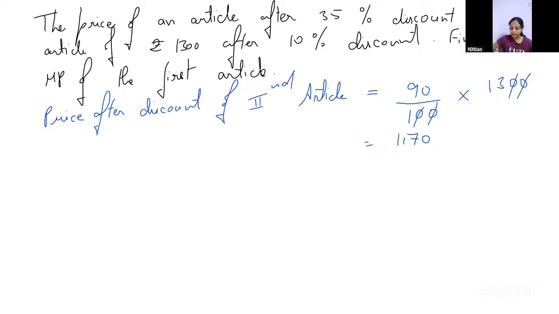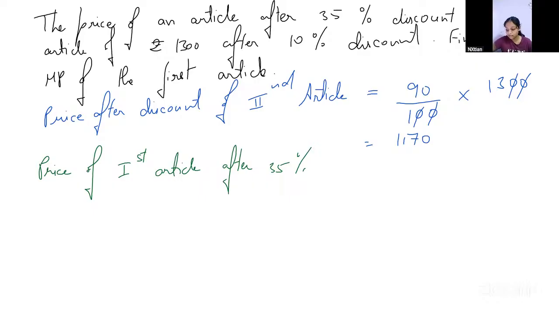So the price of the first article after 35% discount is 65% of its market price.